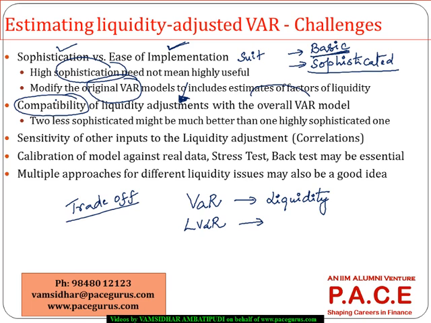So sometimes people even say, rather than choosing one big sophisticated model, you can think of choosing two less sophisticated models, which might be better than one fully sophisticated one.